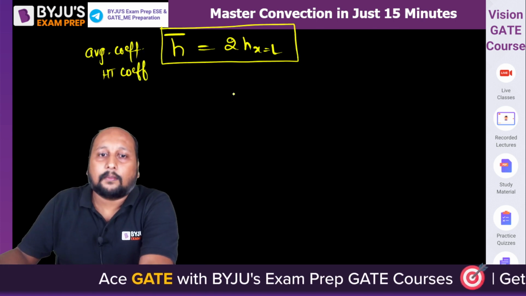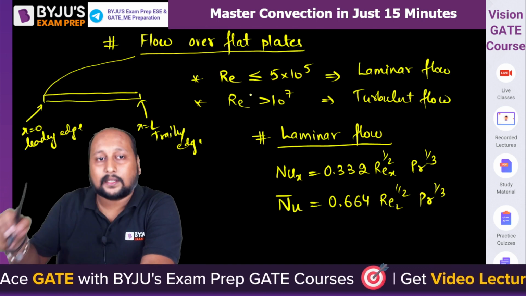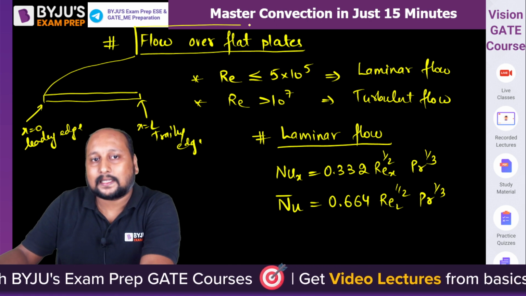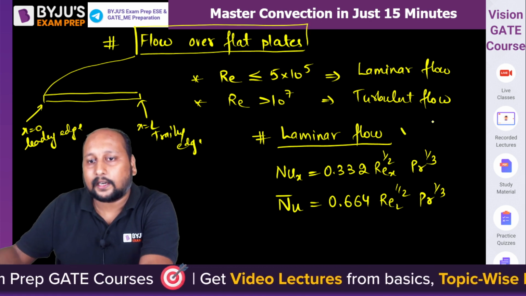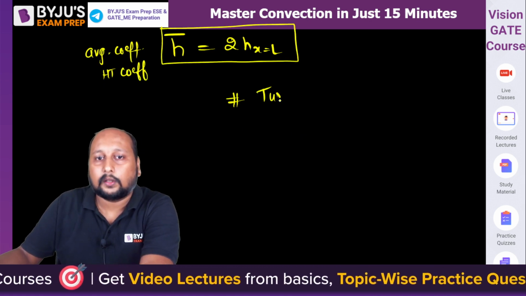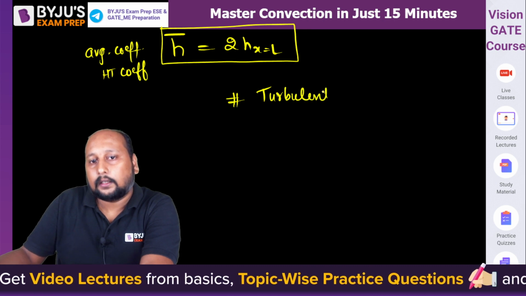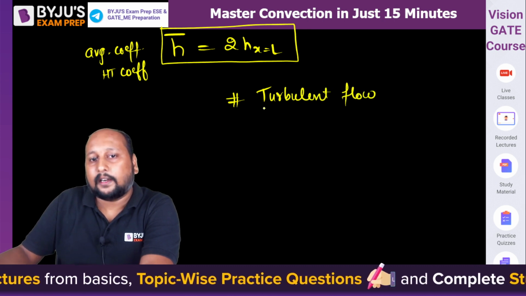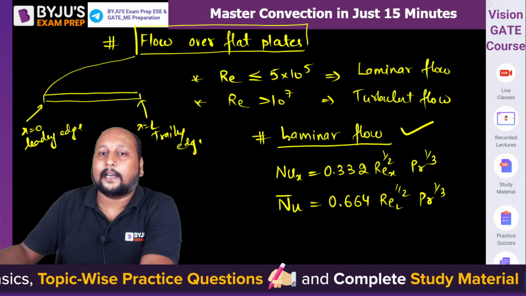Now the same discussion for turbulent flow over flat plates. Under turbulent flow, the Reynolds number is greater than 10 to the power 7.